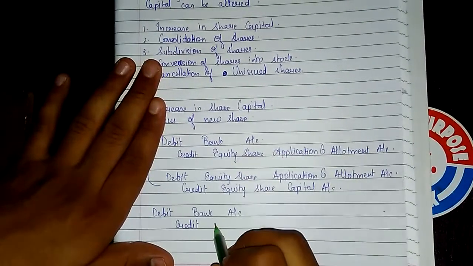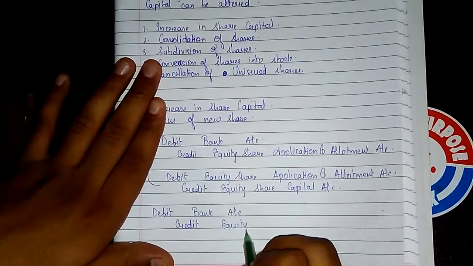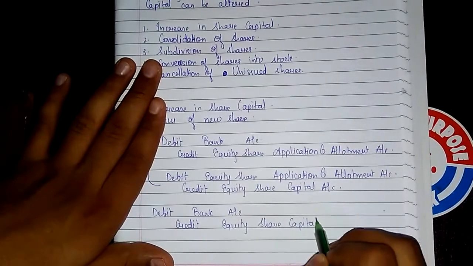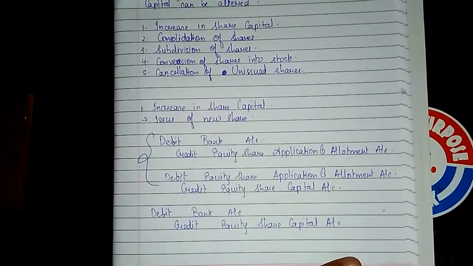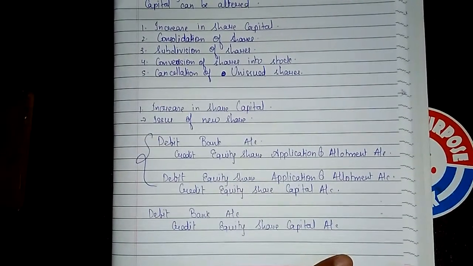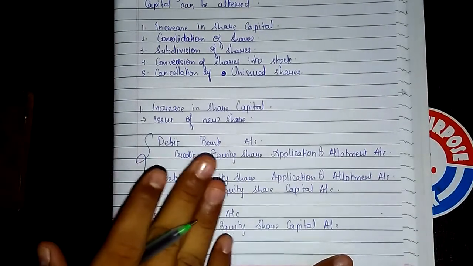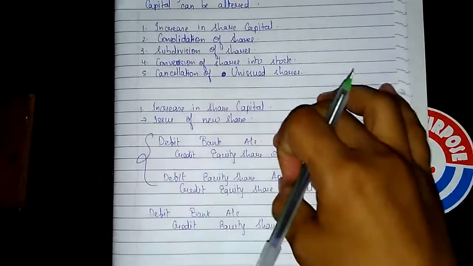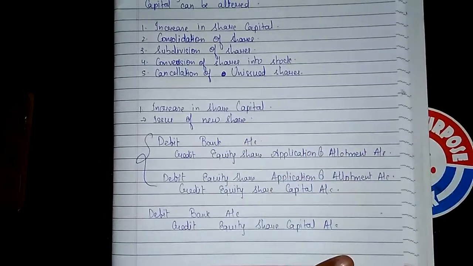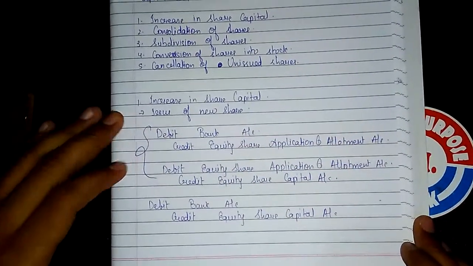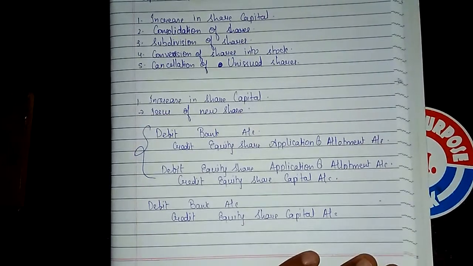Whenever you see in capital reduction sums, internal reconstruction sums, that new equity have been issued, simply pass this entry if it is an 8 marks question. If it is a 16 marks question, go for the two entries. Okay. So firstly, I want you all to please write this because I have to turn the page and move on to consolidation of shares.